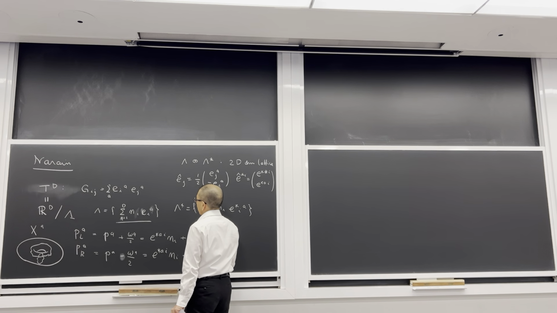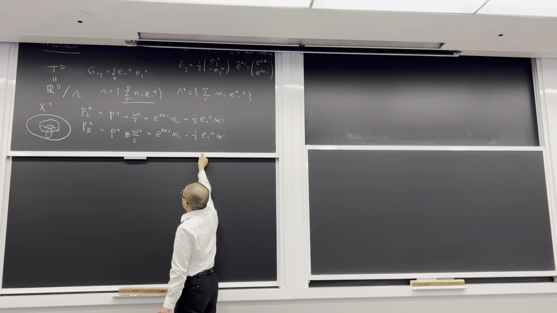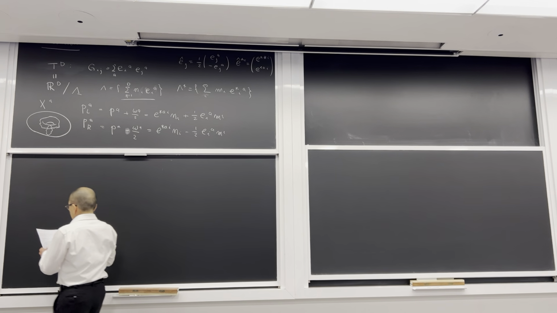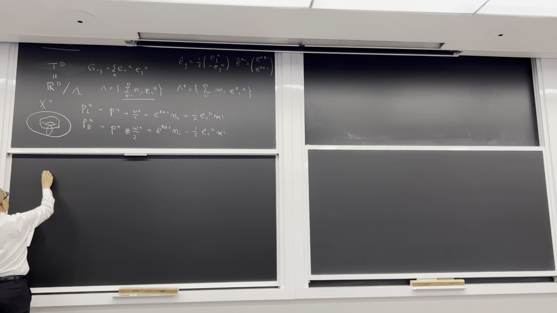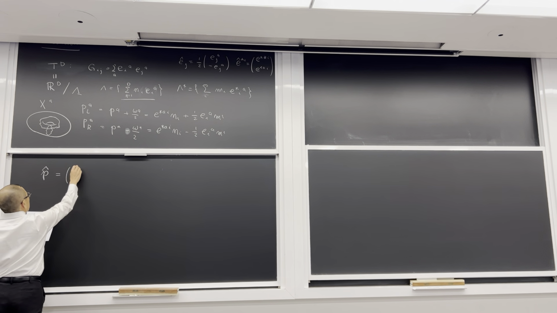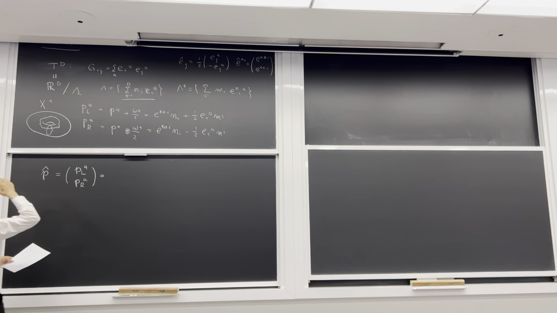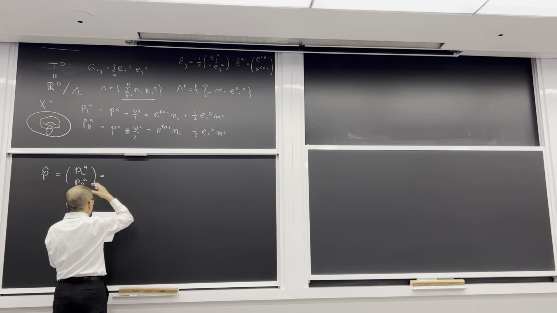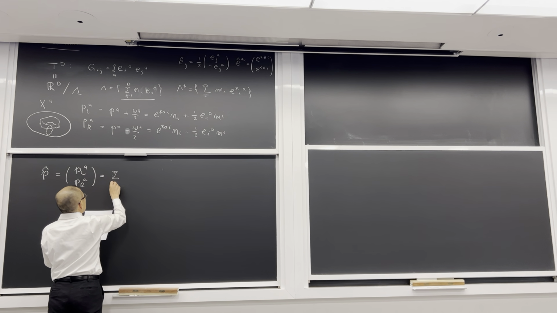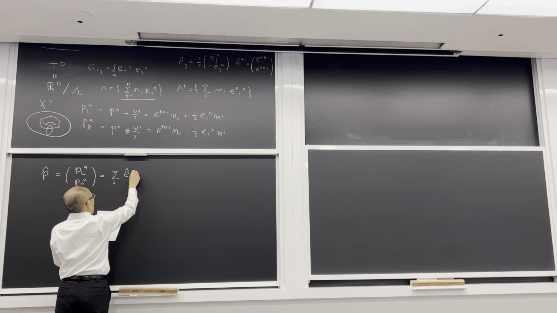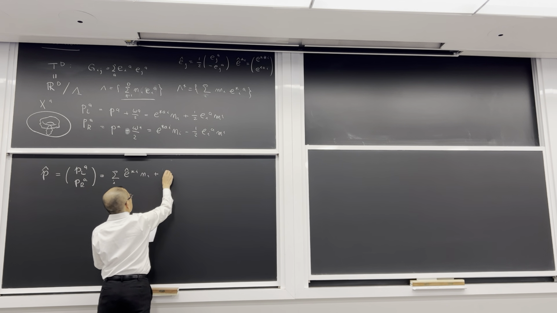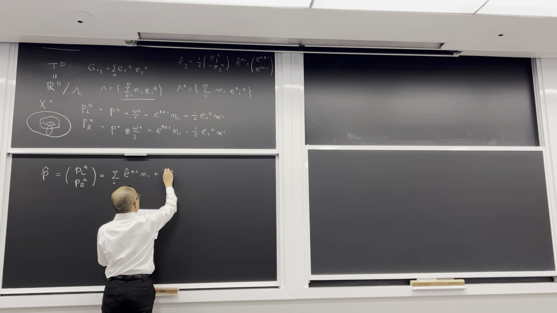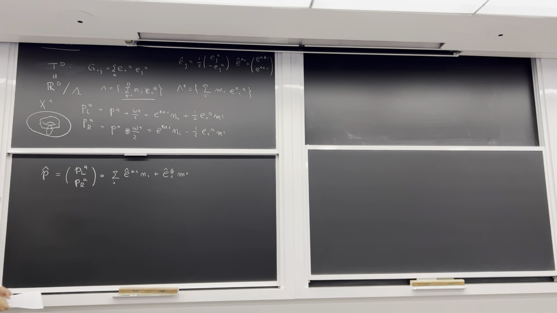If we use this notation, then we can write the combination of this momentum to be a linear combination of e hat star i and e hat i with coefficients n_i and m_i. So you can write the lattice in this way.